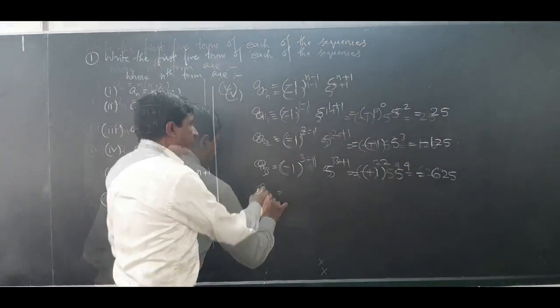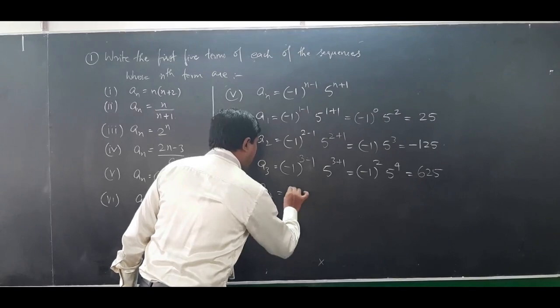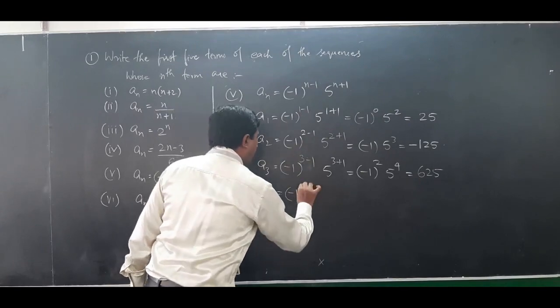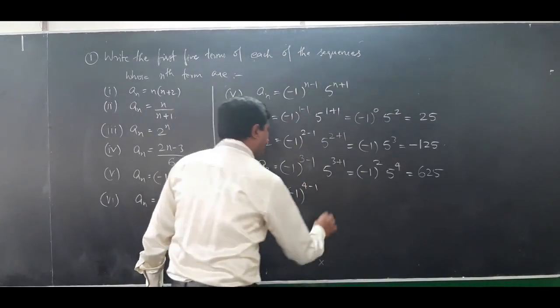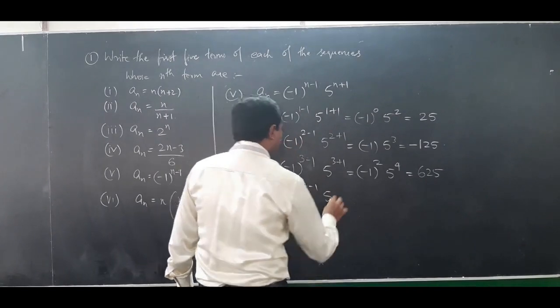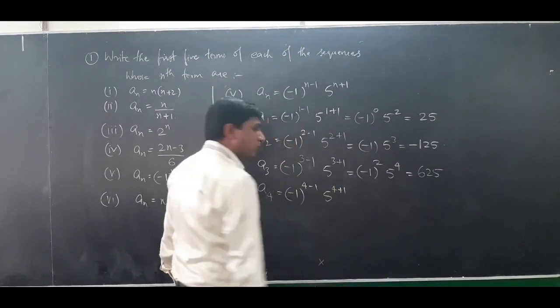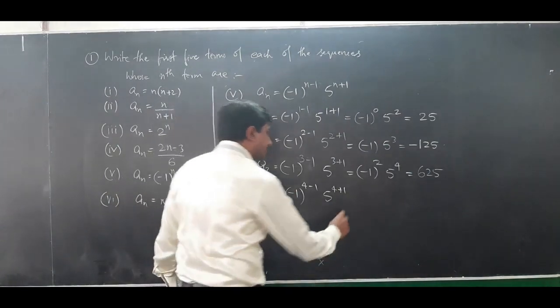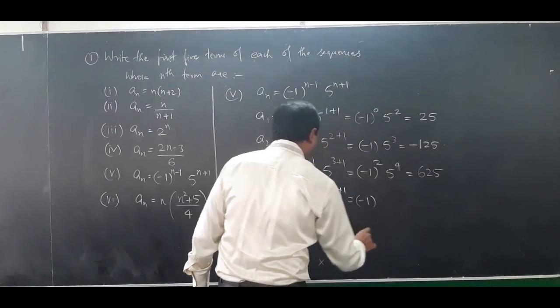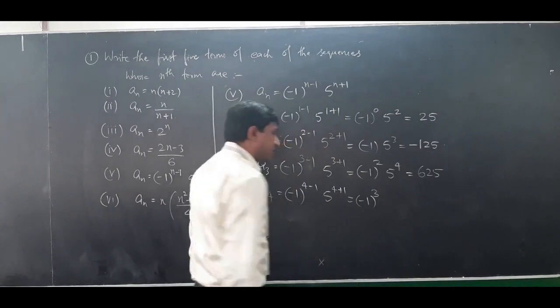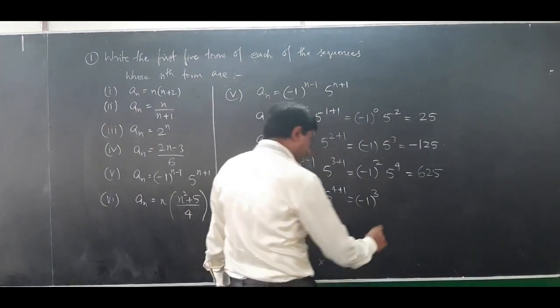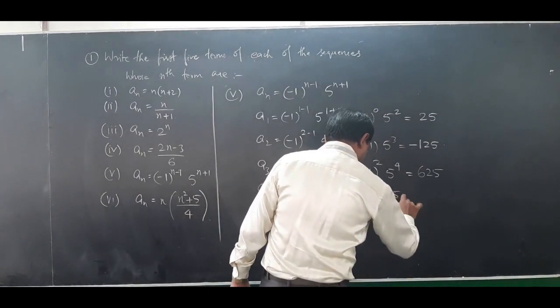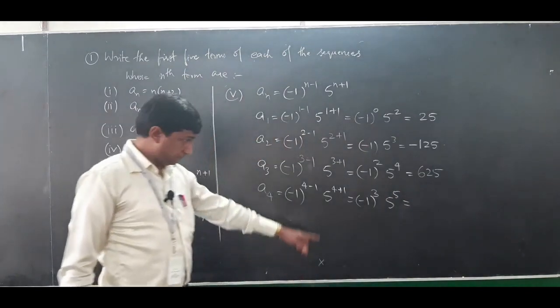Next term, A4 is nothing but minus 1 whole power 4 minus 1 into 5 power 4 plus 1. Minus 1 power 4 minus 1 is nothing but minus 1 whole power 3. 5 power 4 plus 1 is 5 power 5.